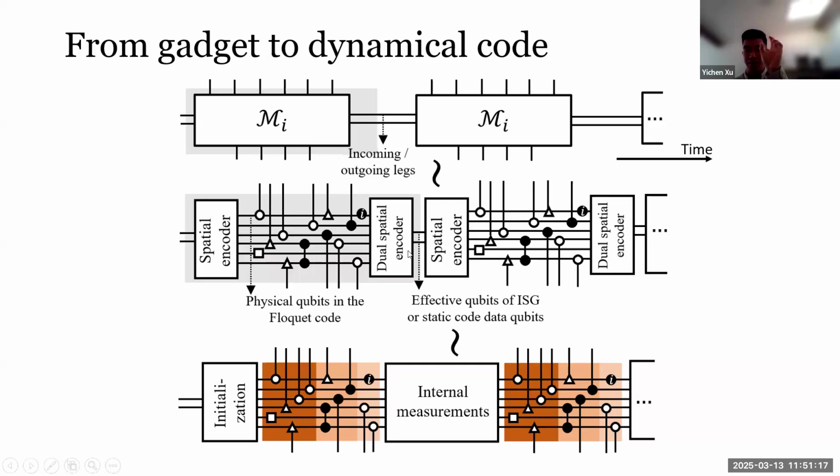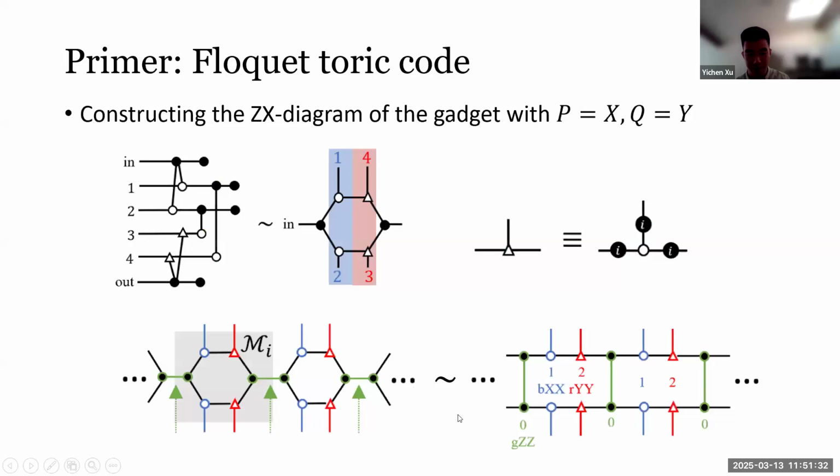But if you merge them on the circuit diagram using ZX calculus, you can merge them into just some local measurements between physical qubits. So I guess now this third rule makes more sense, because this internal measurement is literally the pairwise ZZ measurement on this green link. Yeah, this is the fusion that you're showing from left to right.